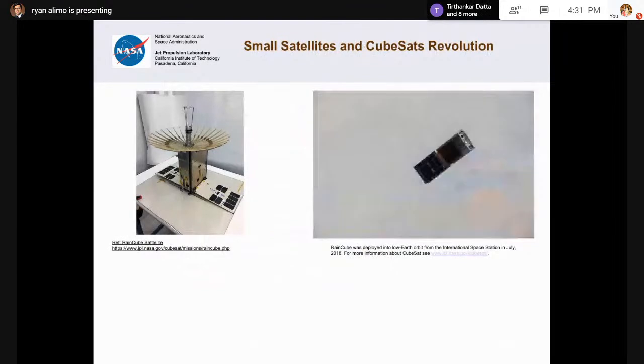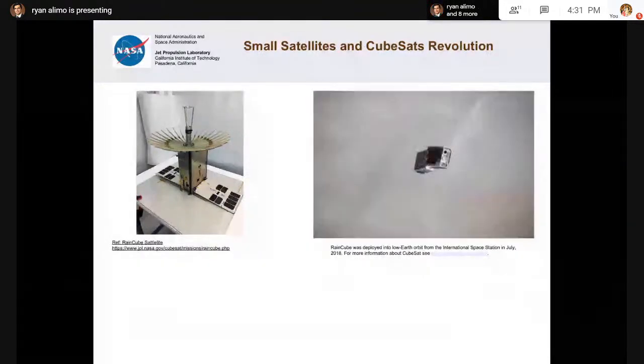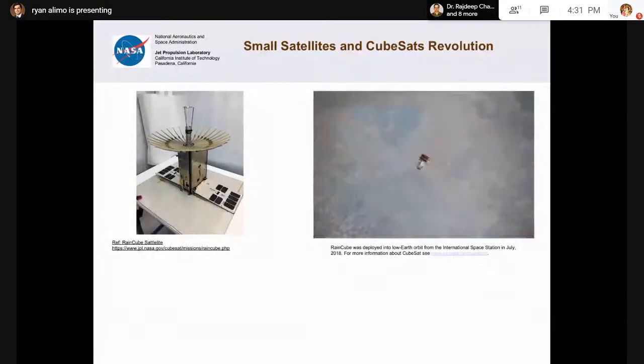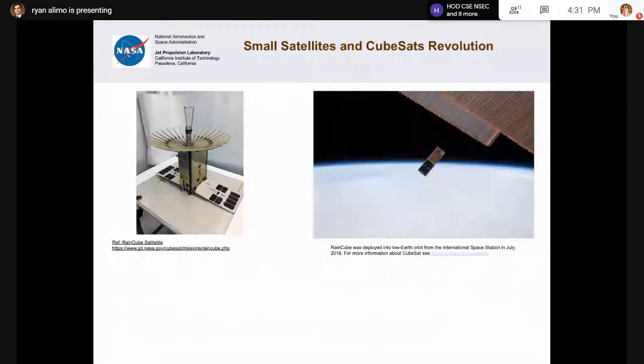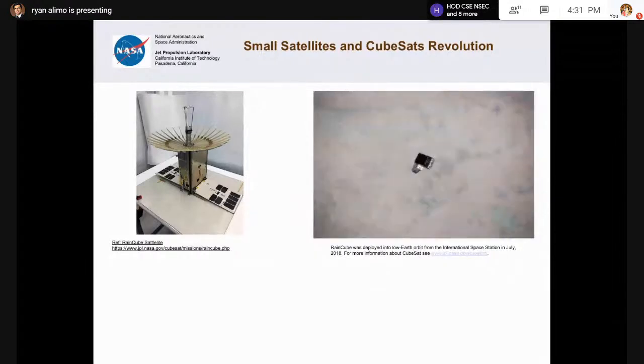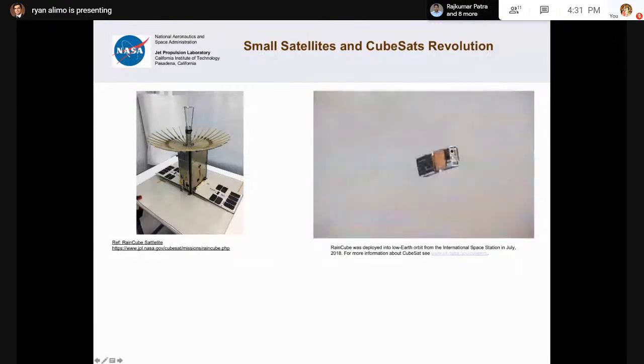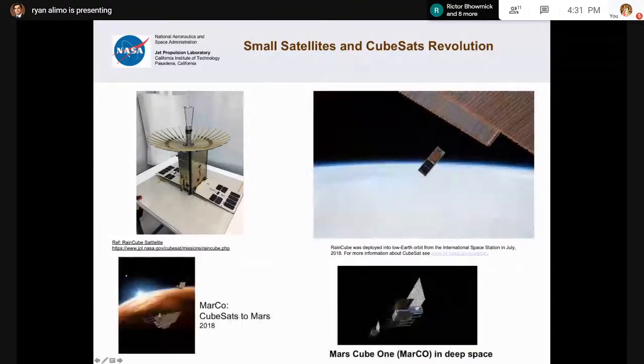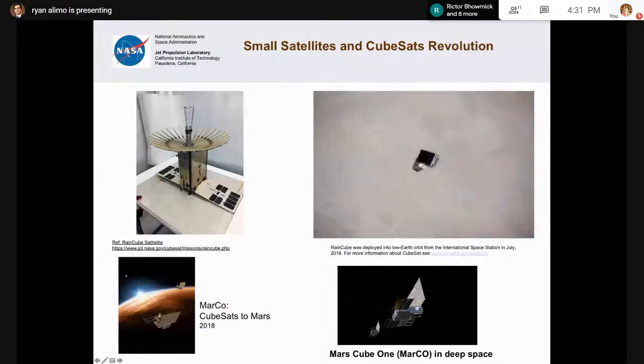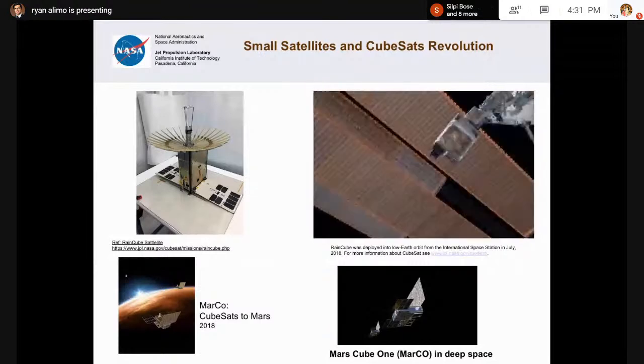So in 2018, we launched RainCube, which was a low Earth orbit CubeSat, a 6U, that was able to do a lot of complex scientific research using radar. We also have MarCO, which was again a technology demonstration that went to Mars in 2018 with the InSight spacecraft.